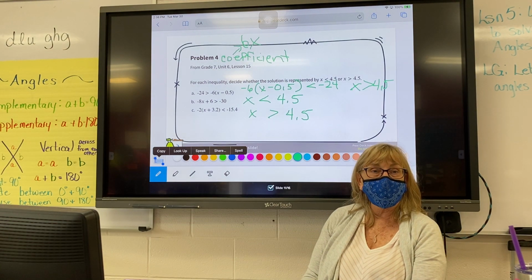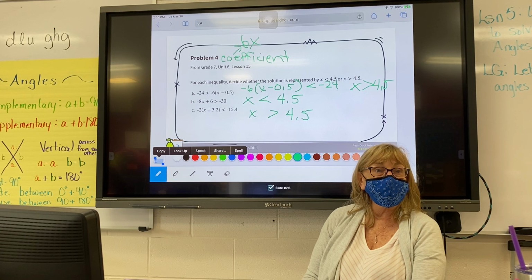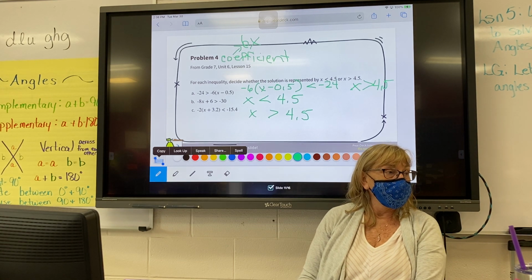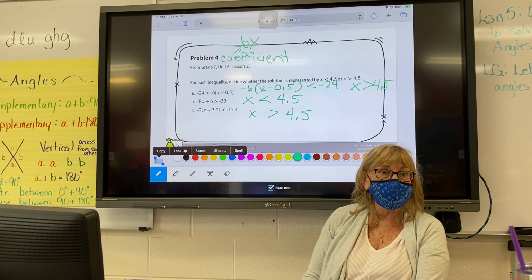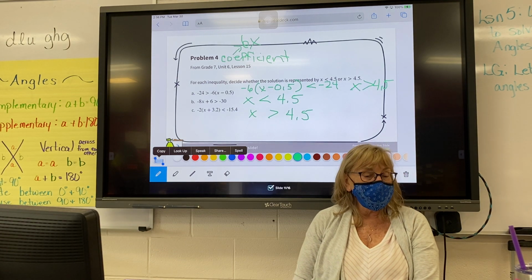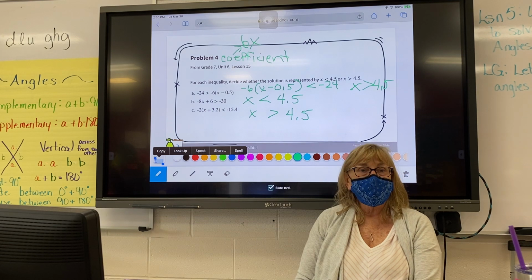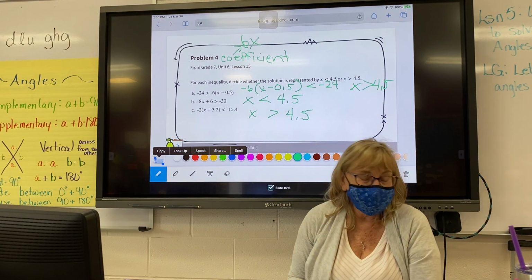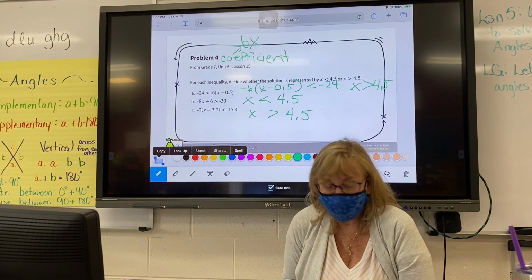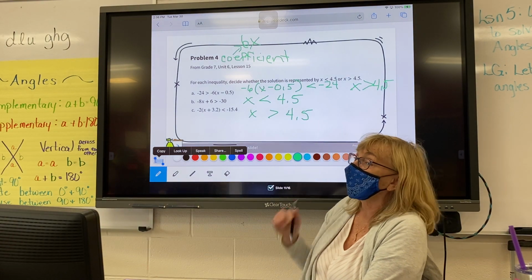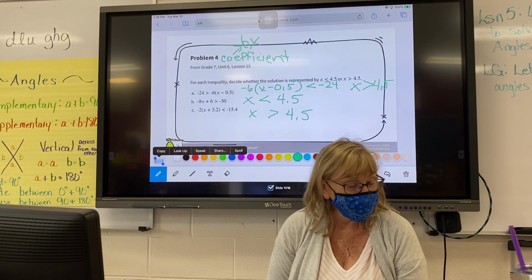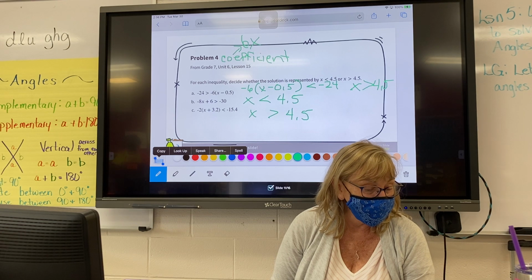Also, we could divide by -2 to start out, right? As soon as you divide by a negative number, what happens to the inequality sign? It flips. Okay? Questions on that? So you didn't even have to solve it. You should have gotten 4.5 for all of them.